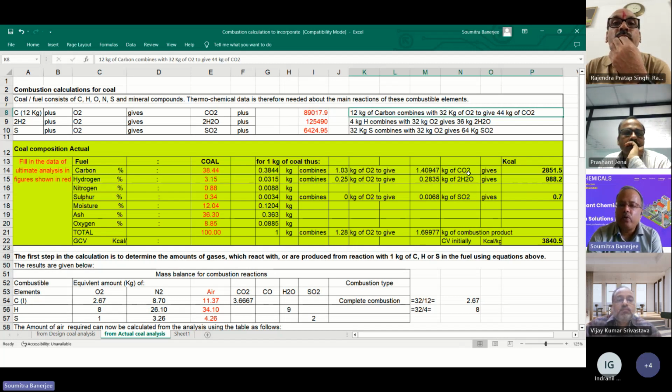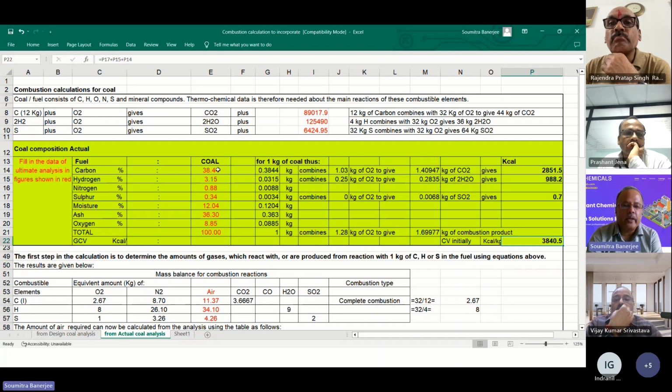So if I convert into kilocalories, if you have the coal data in front of you, or if you remember how much carbon percentage and hydrogen percentage, we can do the calculations and find out how much kilocalorie it may contain.